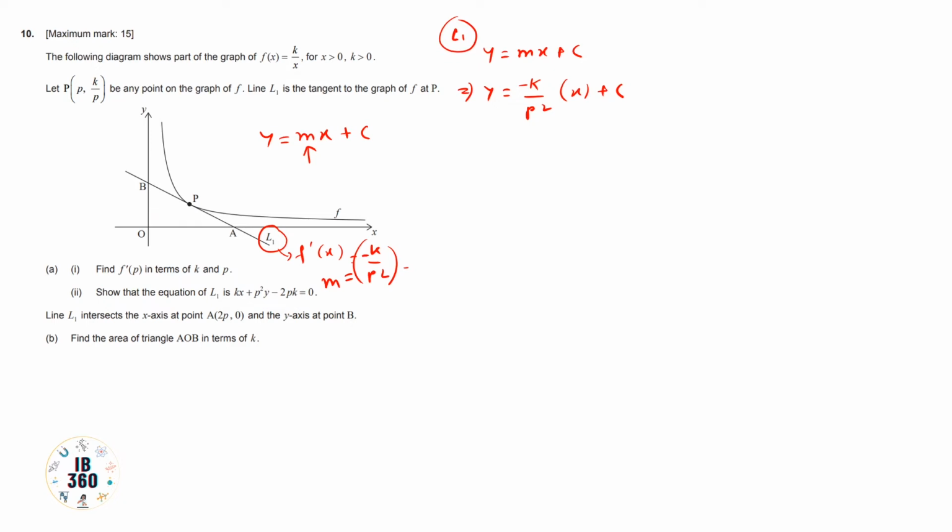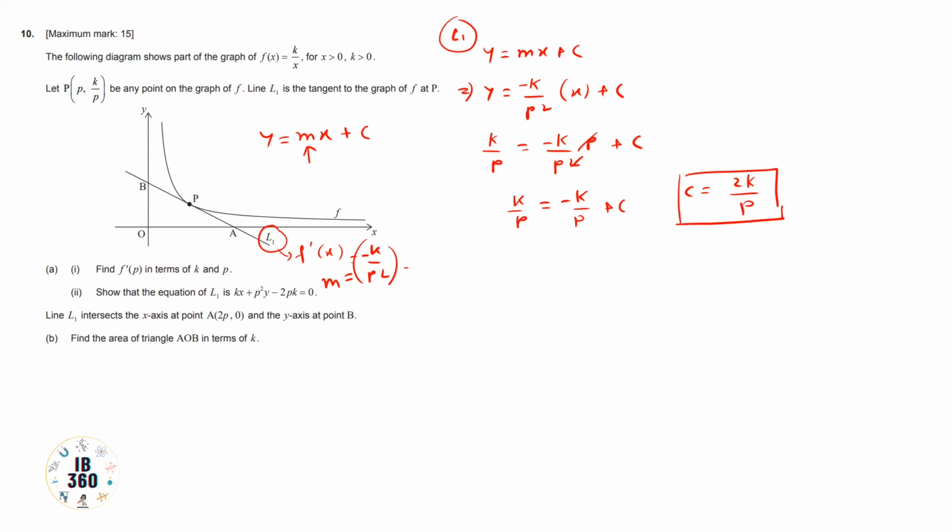So the value of y is k by p, so k by p is equals to minus k by p square into x, which will be p, plus c. So from here, k by p is equals to minus k by p plus c. So c equals to 2k by p.